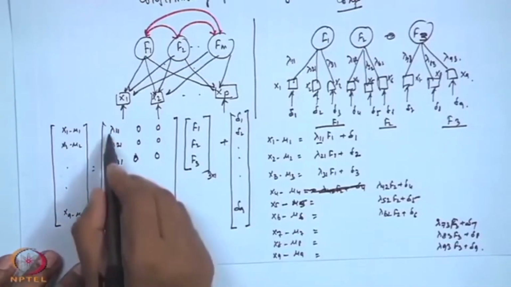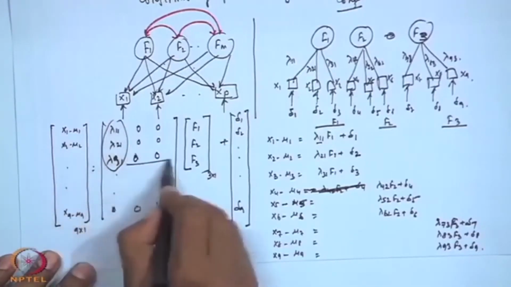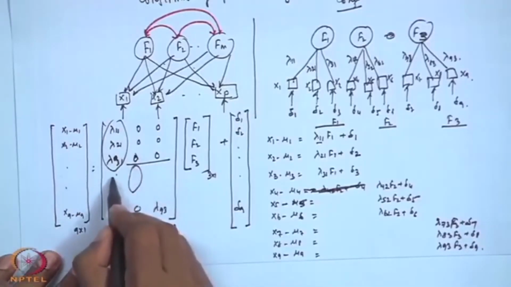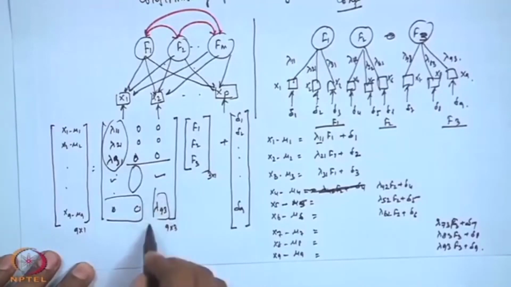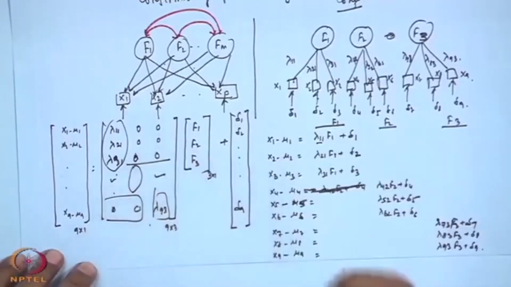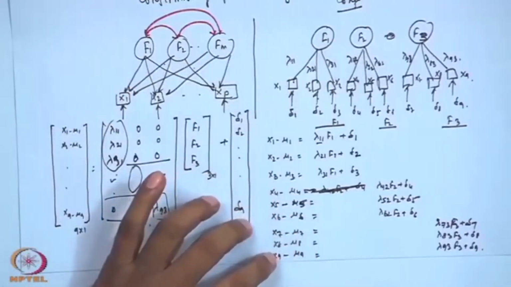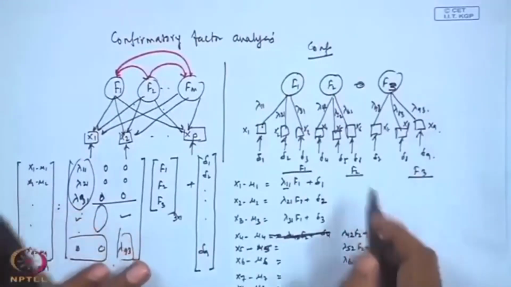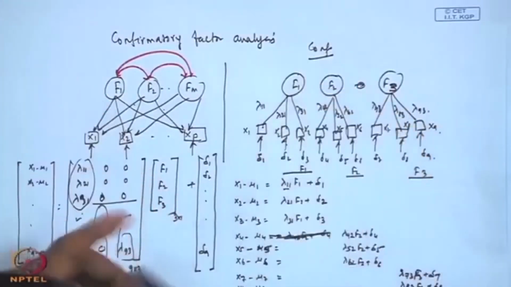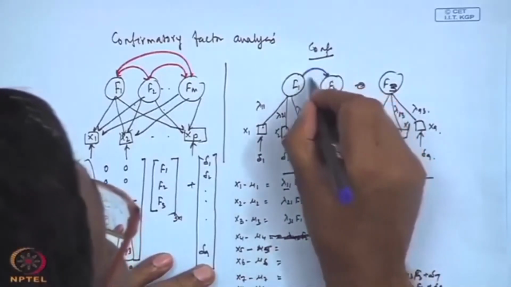You will be getting the first 3 variables here, then 0, the second 3 variables here, and 0, the third 3 this will be 0, and here you will get some values. So you are not getting all the lambda values because they are not required, that is the difference. And another important difference is that particularly for confirmatory factor analysis, we want the covariance structure also.